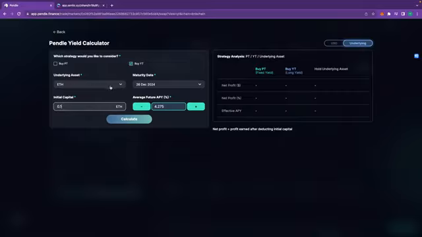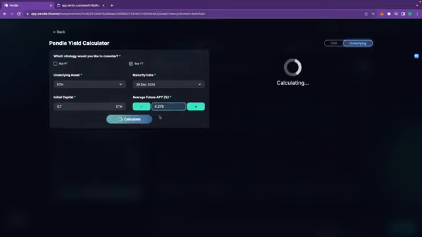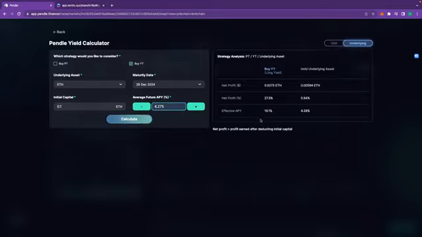The market is already auto-selected for you, and this box is your assumption on the average APY until maturity. Right now it's at the market price, so let's just see how it goes. If it stays at this level of APY, you are going to get 19.1% on your YT.